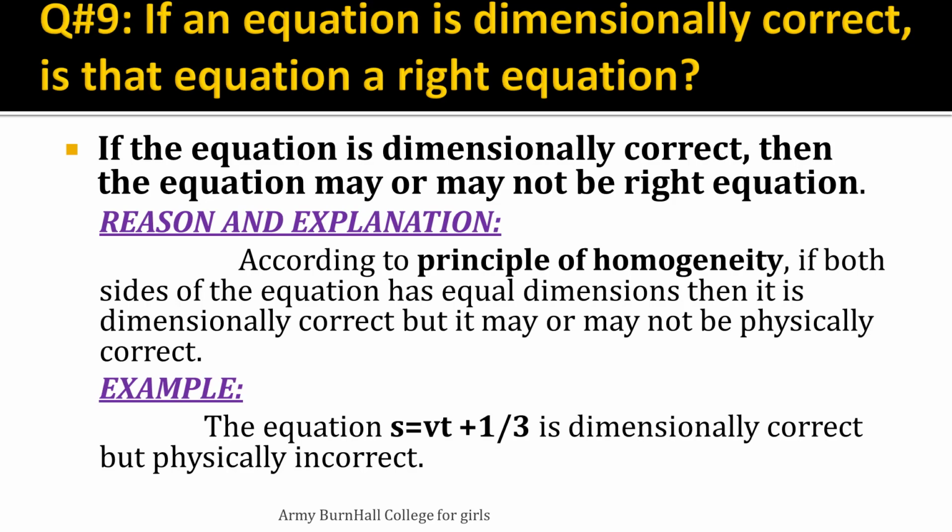You can write that this equation is dimensionally as well as physically correct, but you can write some other equation which is dimensionally correct but physically incorrect. So principle of homogeneity is telling us that if both sides have equal dimensions, then it is dimensionally correct, but it may or may not be physically correct. So you can first write the statement, then reason and explanation, and then example.